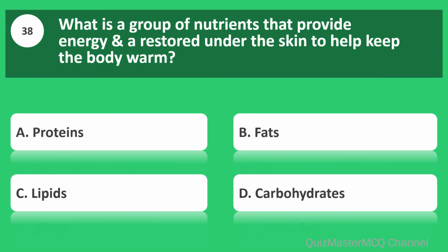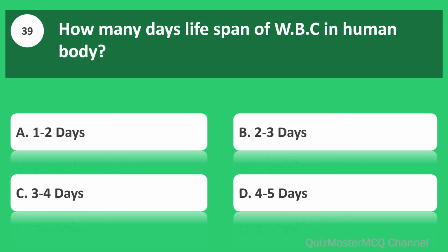What is a group of nutrients that provide energy and are stored under the skin to help keep the body warm? Fats. How many days lifespan of W.B.C in human body? 3 to 4 days.